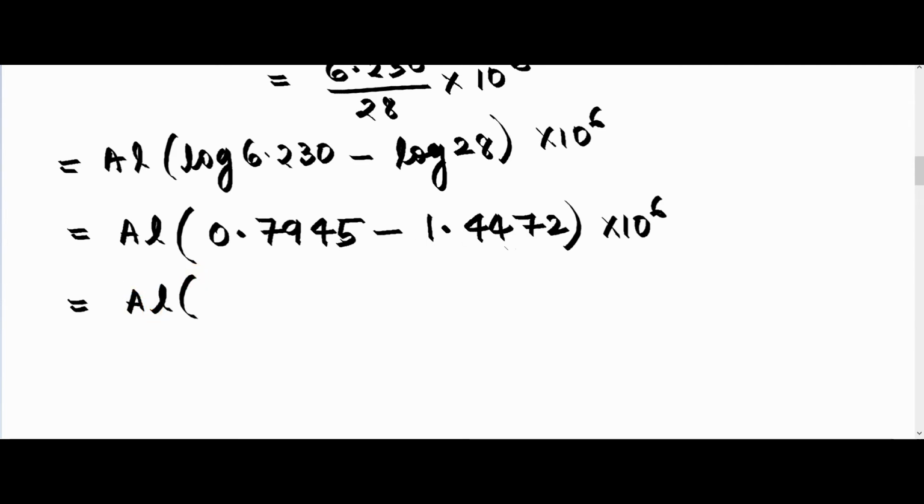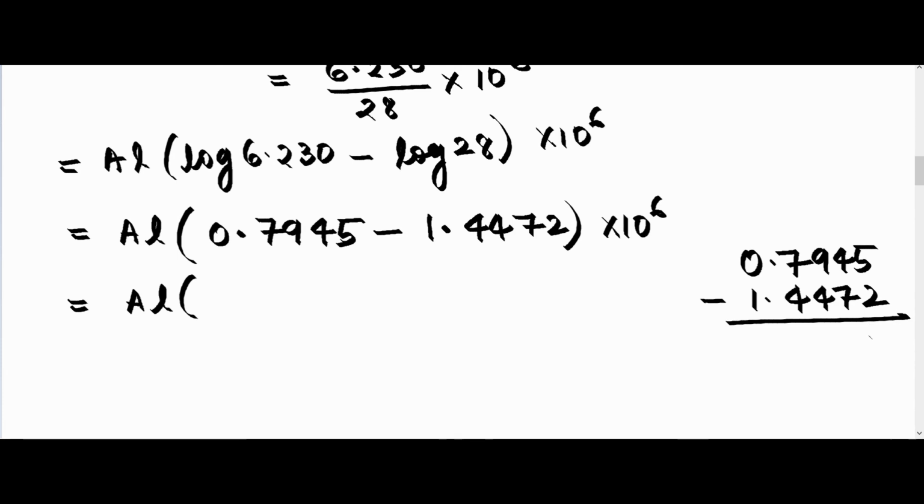Now subtract these two numbers, keeping the order the same: don't take the bigger number first. 0.7945 minus 1.4472.